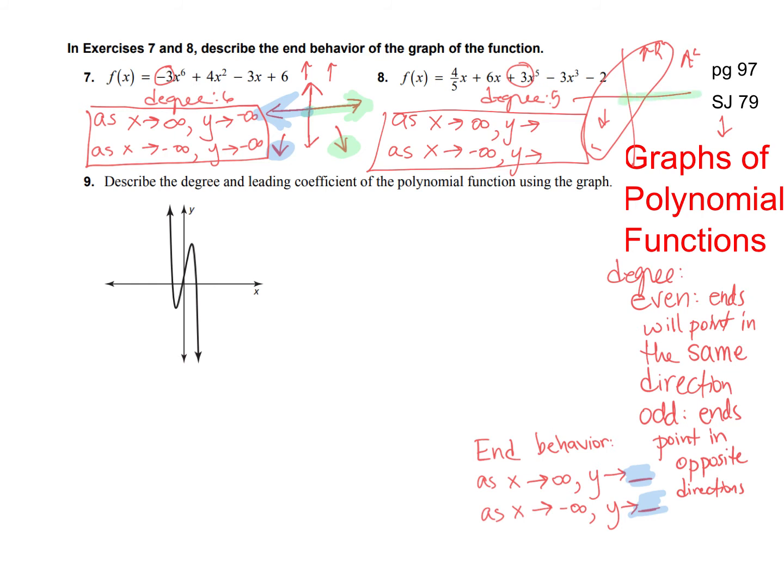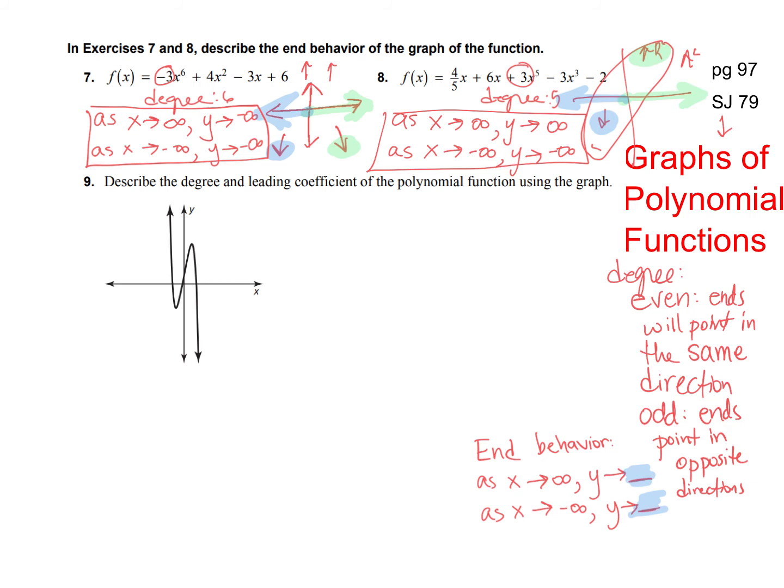So as x approaches positive infinity, here's the end of my graph. It's also approaching positive infinity. And then as x approaches negative infinity, what's the end of my graph doing? It's approaching negative infinity. And that's what it means by end behavior.